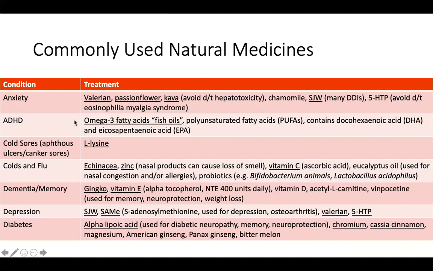ADHD, they actually say omega-3s. Cold sores, we have L-lysine. Cold and flus, echinacea, zinc, vitamin C. Dementia, they say ginkgo, vitamin E. Depression, we see St. John's wort, SAMe, valerian, 5-HTP. And then diabetes, alpha lipoic acid, chromium, cassia cinnamon.